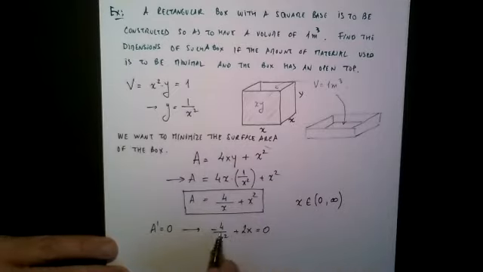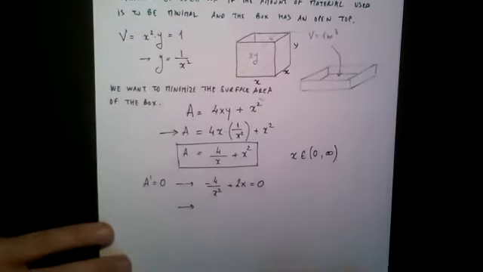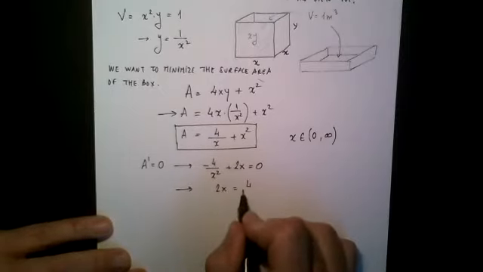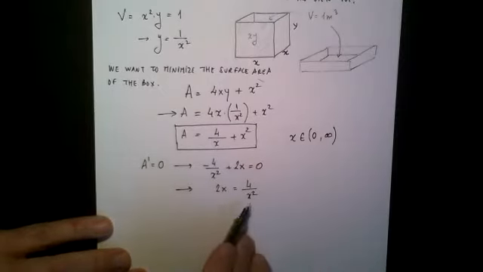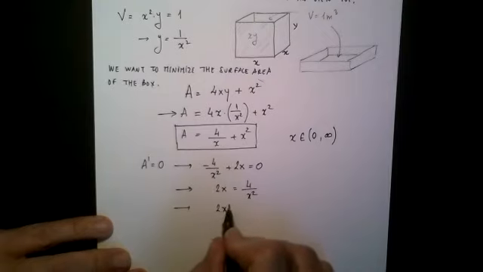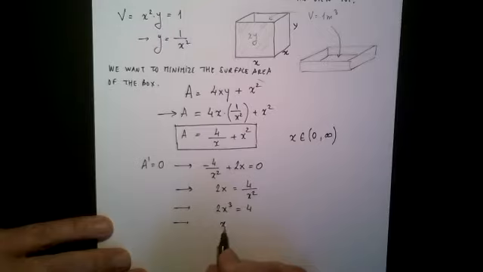If I send now the 4 over x squared to the other side, I get 2x is 4 over x squared. Send the x squared up here, I get 2x cubed equals 4. Divide both sides by 2, I get x cubed equals 2. And then I'm going to find the cubic root to get the x. And so x is equal to the cubic root of 2.